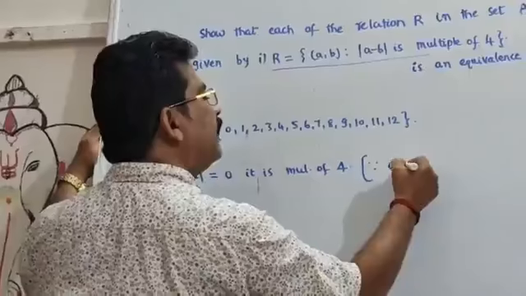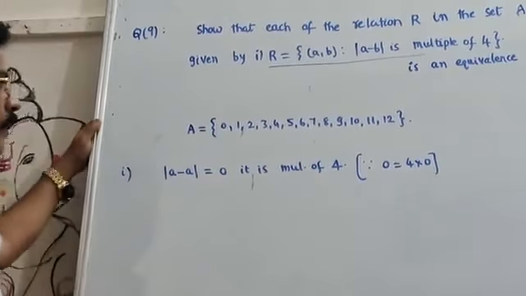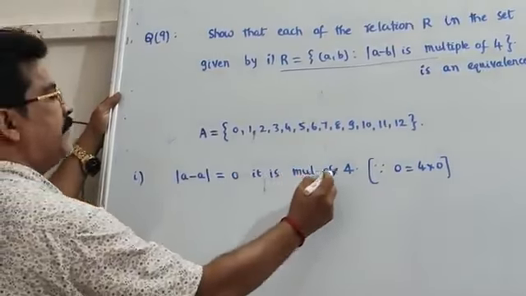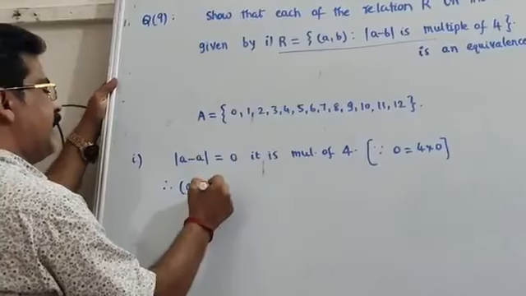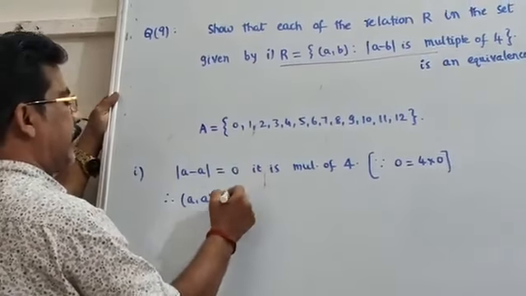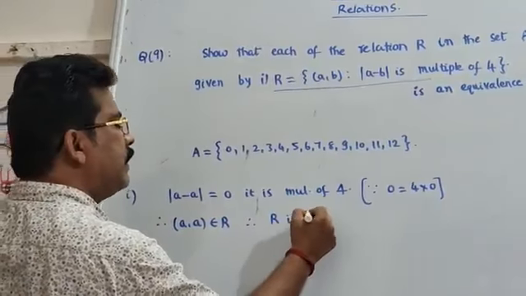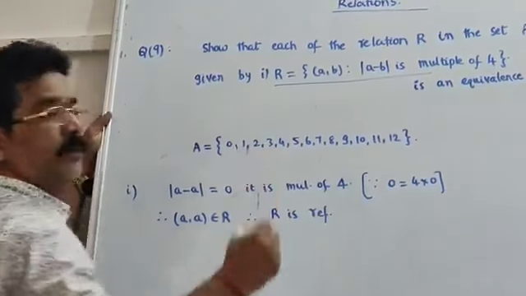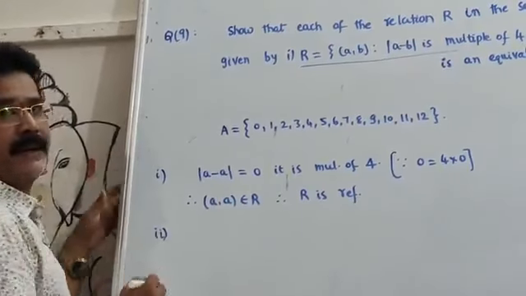Since 0 is equal to 4 into 0, it is a multiple of 4. Therefore, the ordered pair (a, a) belongs to capital R. Therefore, capital R is reflexive.